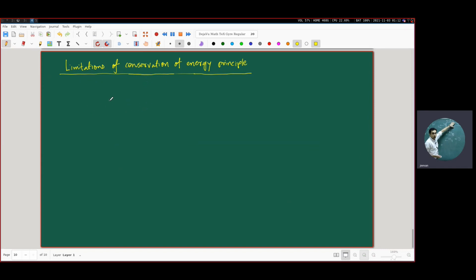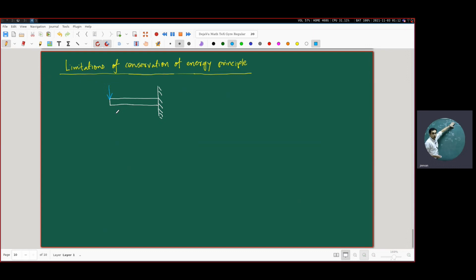Our favorite example is the cantilever beam, so we'll take that once more, and we apply a point loading at its tip.